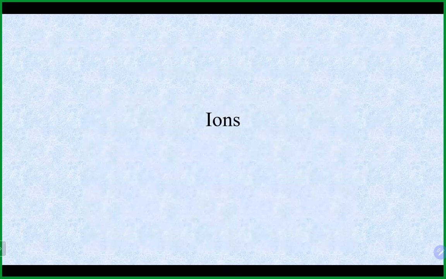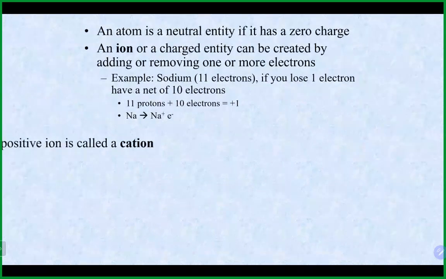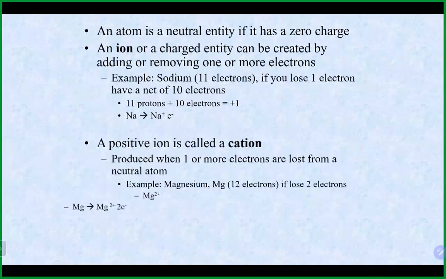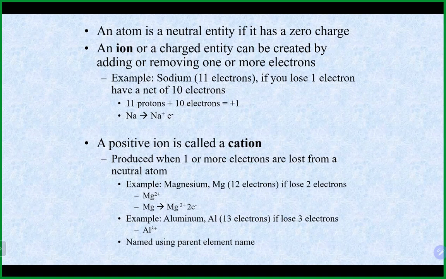Now, we talked a little bit earlier about ions, and just to reiterate a couple of things. We kind of jumped a little bit ahead. First off, when we have an ion, it does have a charge, and as we talked about earlier, things that have a positive charge are referred to as cations. They are a result of losing electrons, and for the most part, those are going to be your metals, typically the ones that like to give away their electrons.